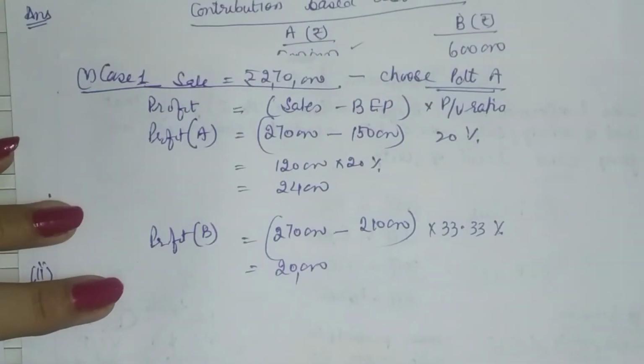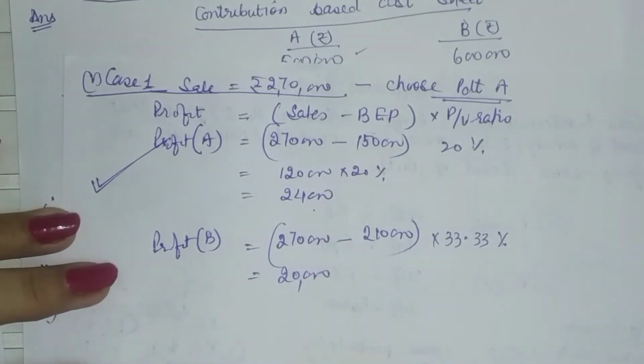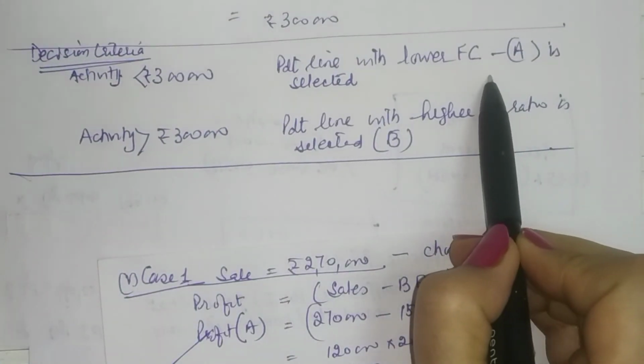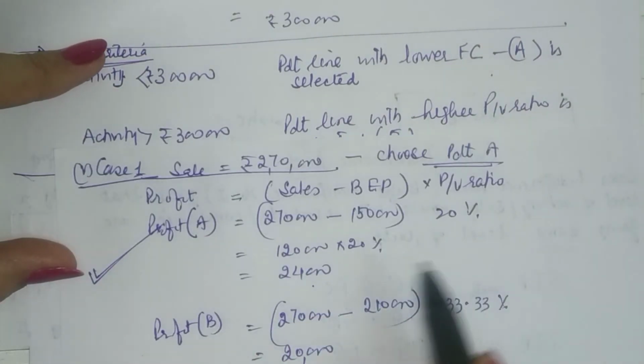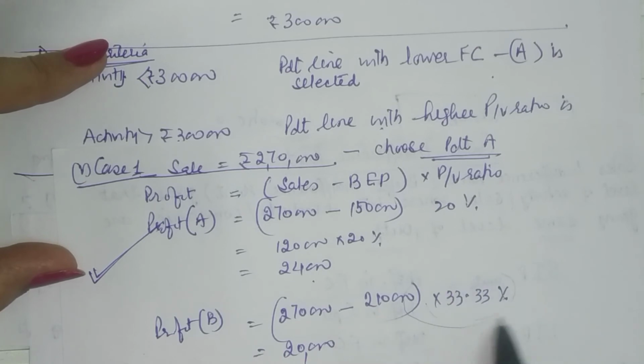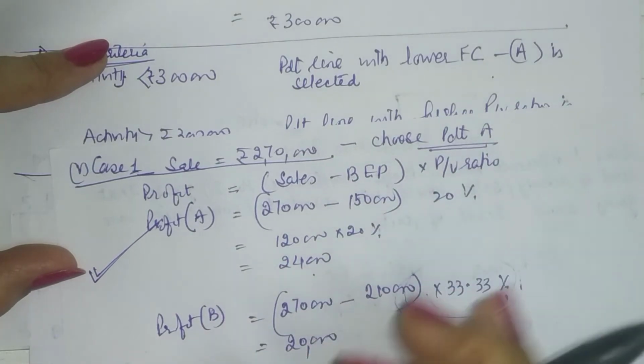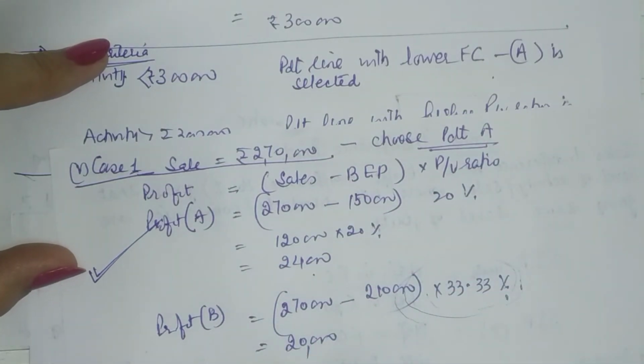So you see, product line A is giving more profit and you have chosen that only based on this decision criteria, isn't it? So this is how you can explain. It means that this higher contribution here is not able to cover the higher fixed cost. Okay, so B is not chosen, A is chosen.